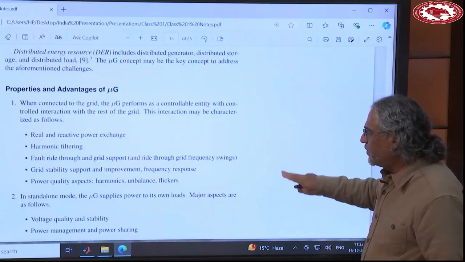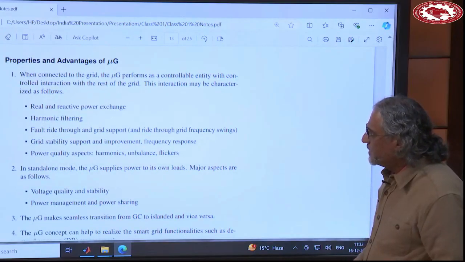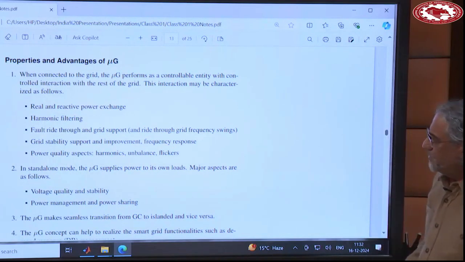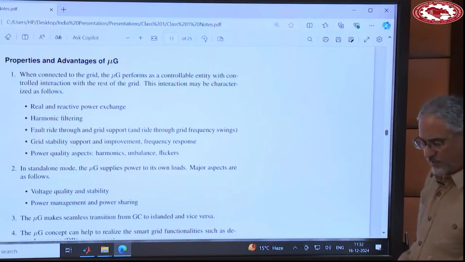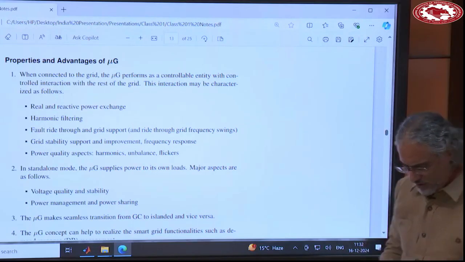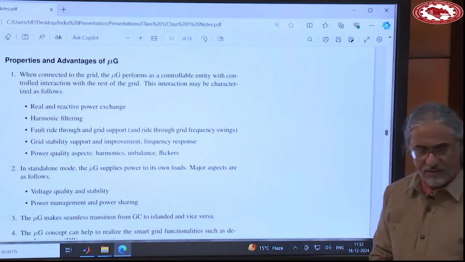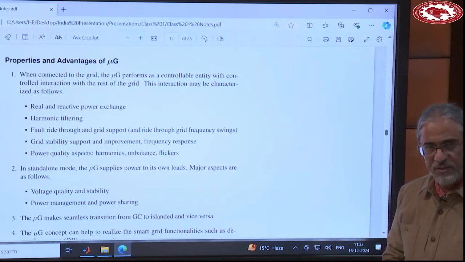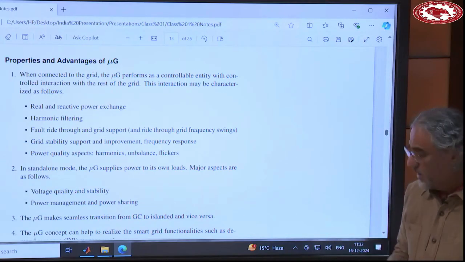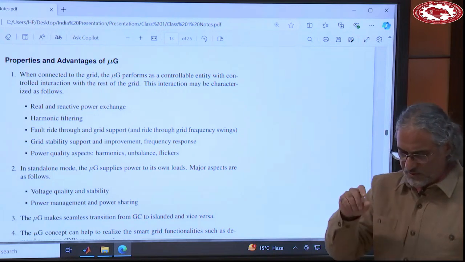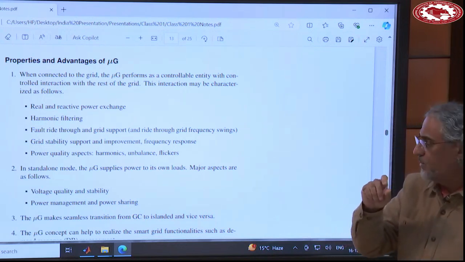So what will be the properties of such a concept? If you have a microgrid, then when it is connected to the power grid, it is a larger entity compared to one single distributed energy resource. But it interacts with the grid at one single point.